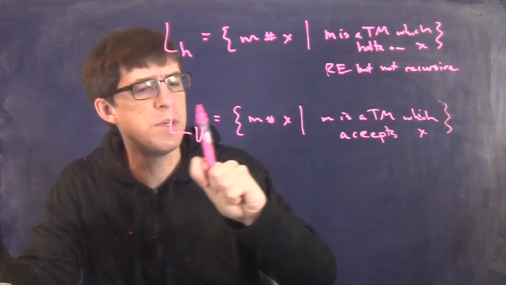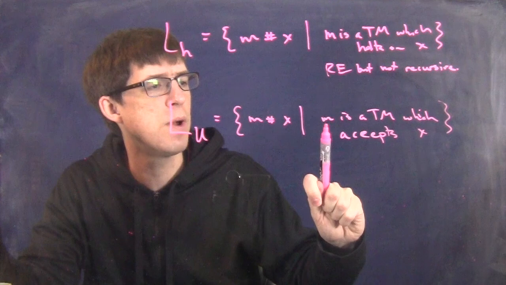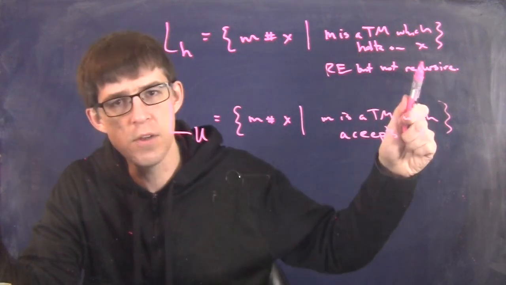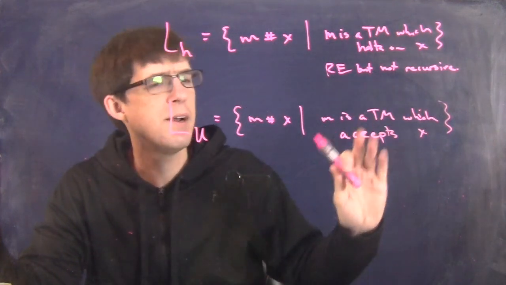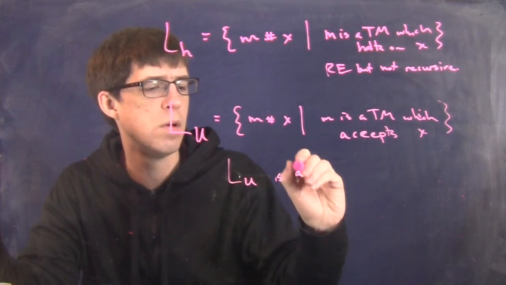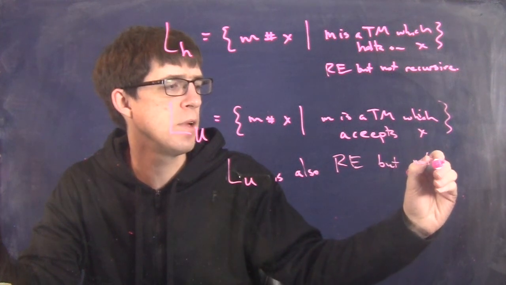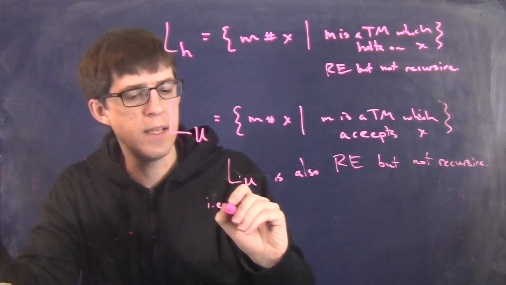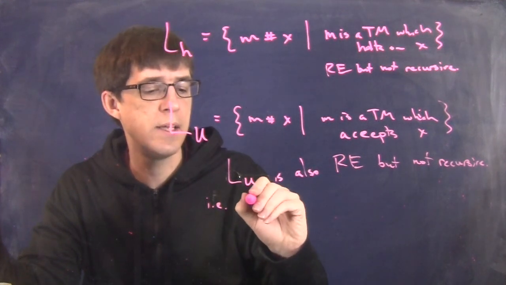If you want a Turing machine which is going to tell you whether or not M accepts X, automatically that machine must also be able to tell you if it halts, right? Because accepting is just a special type of halt. I don't want to get into all the details here, but believe me when I say LU is also recursively enumerable, but not recursive.